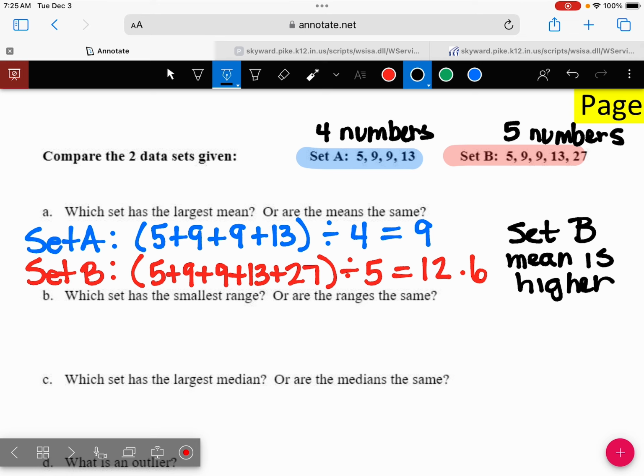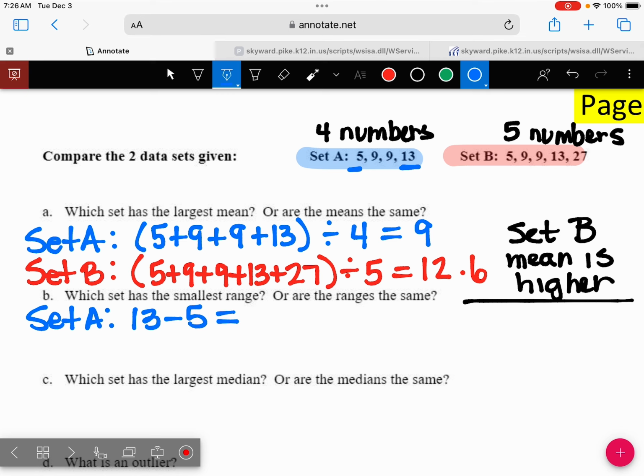All right, now let's do the same thing with the range. So let's find the range of set A and set B. So for set A, remember, in order to find the range, you take the highest number, subtract from that the lowest number. So the highest number in set A is 13 and the smallest number is 5. So go ahead, use your calculator, figure out what you get when you take 13 minus 5.